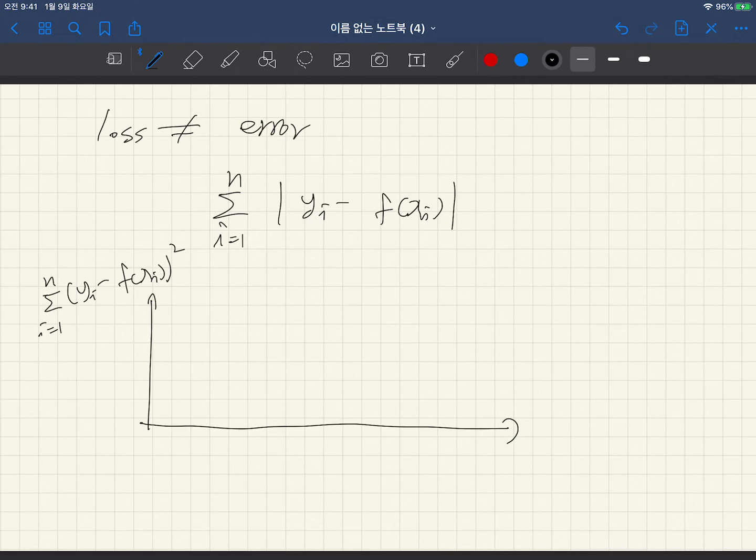So from this mismatch between loss function and error function, you might observe some ups and downs in your training loss or training error curve. Okay, so this is the first reason, and in practice you might see some ups and downs in your training error curve.